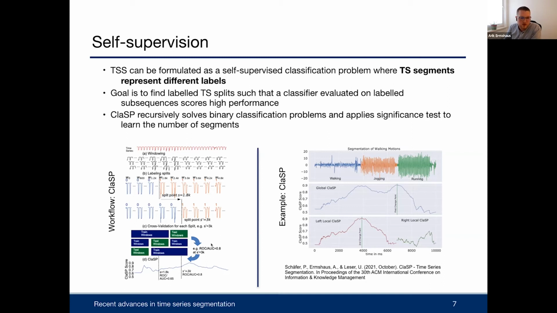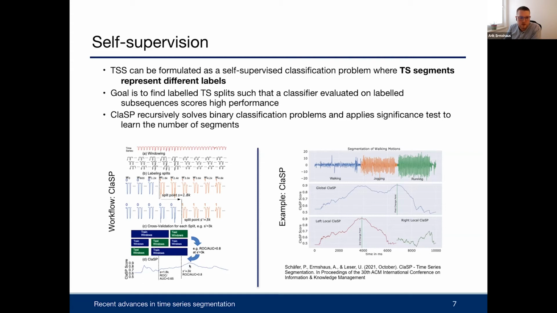When you then compute the cross-validation of these problems, the resulting score will tell you how good the hypothetical segmentation that you created actually was. This nicely correlates with the underlying time series segmentation that is concealed in the actual time series.